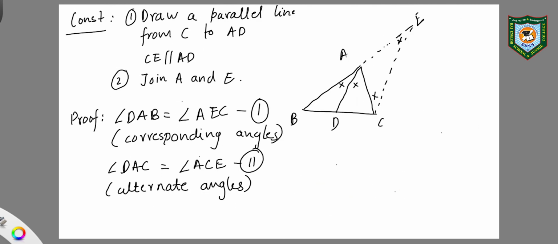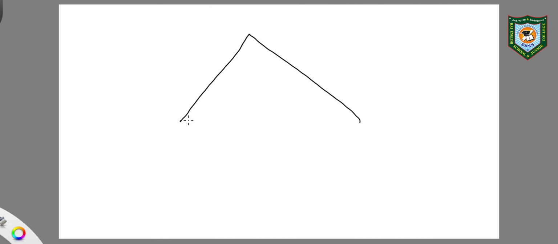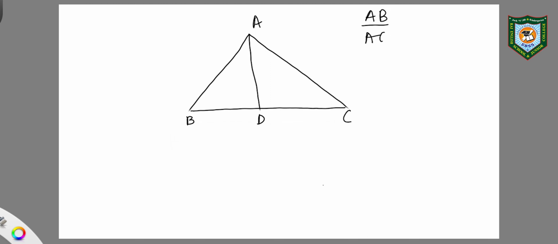Similarly, for angle bisector theorem, we have, if this is my triangle and this is my angle bisector, this is A, this is B, this is D, this is C. So our proof is AB divided by AC is equal to BD divided by DC.